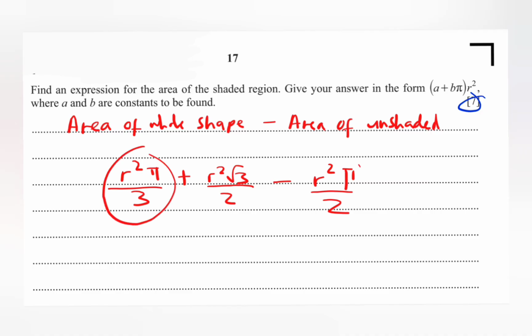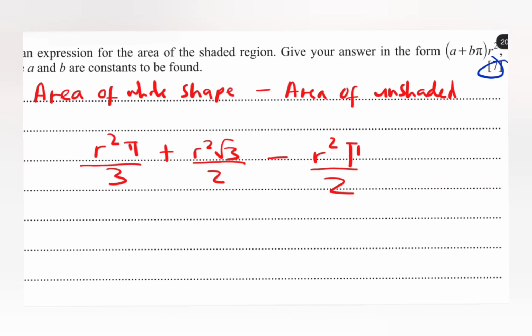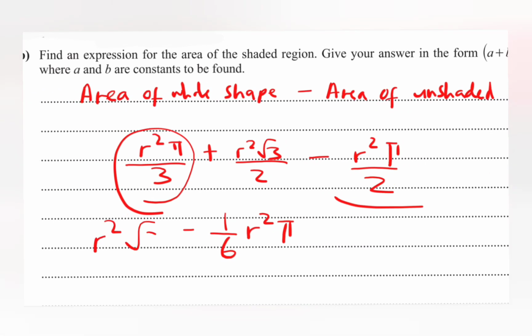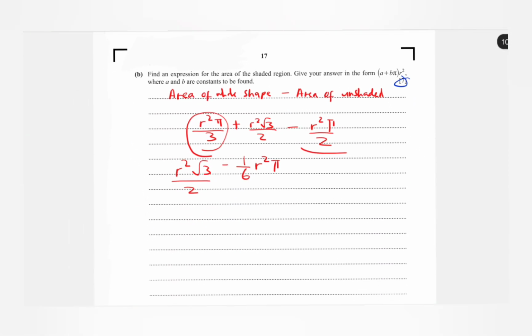So these two are common and can subtract each other. A third subtracting a half gives us minus 1 over 6 r squared pi, and we have r squared root 3 over 2 remaining.